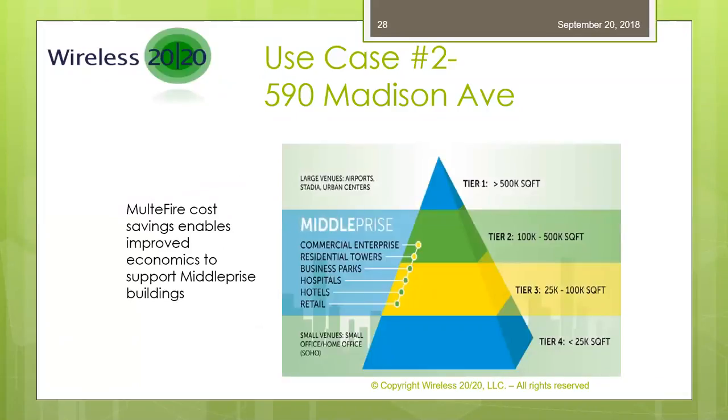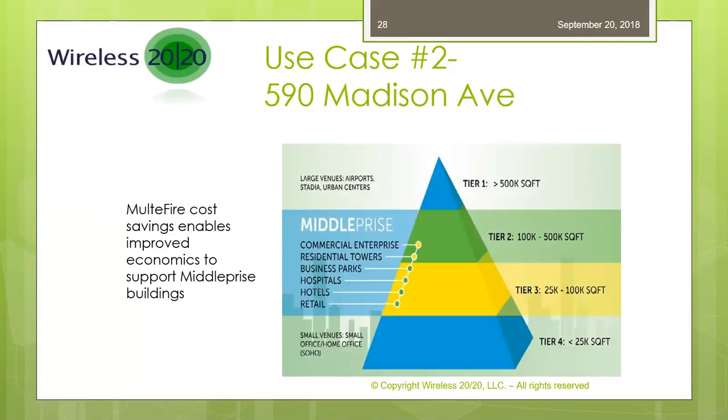Typically, the MulteFire savings enables improved economics to support these middle price buildings. And our use case here would be a tier 1 building at 93,000 square meters. It is probably a building large enough that's going to get the attention of the mobile operators.